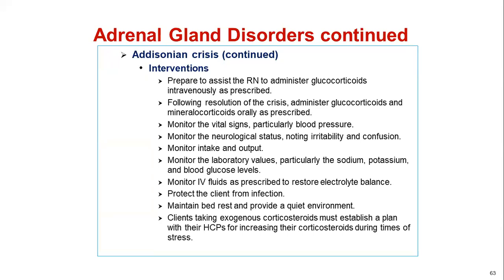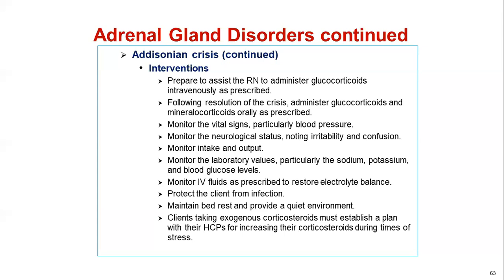What are the nursing care if the patient has Addisonian crisis? As I told you, this is a medical emergency because of the very rapid onset of Addisonian crisis. So we have to prepare to assist the RN, also monitor the vital signs, particularly blood pressure, because an Addisonian crisis patient easily develops hypotension and that leads to shock.